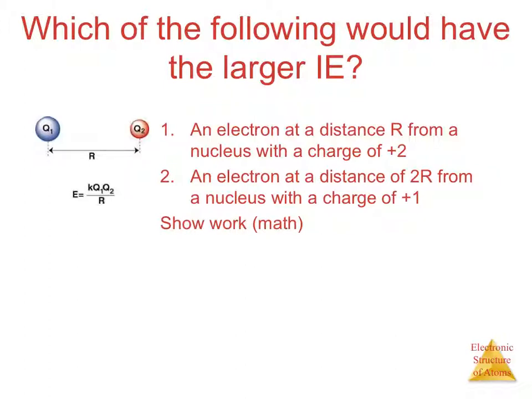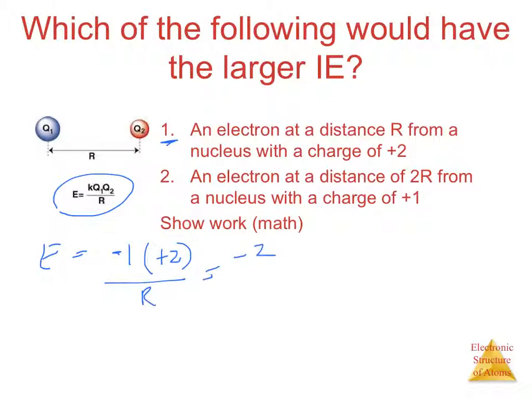Okay, if I look at scenario 1, here's my equation, E equals Q1 Q2 over R. For number 1, my energy is going to be equal to an electron, which is a -1 charge, times a nucleus with a +2 charge, over this distance R. So this is going to be -2 over R. For number 2, again, an electron is -1.